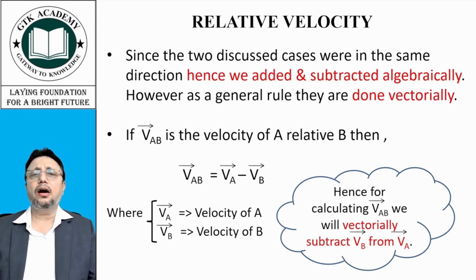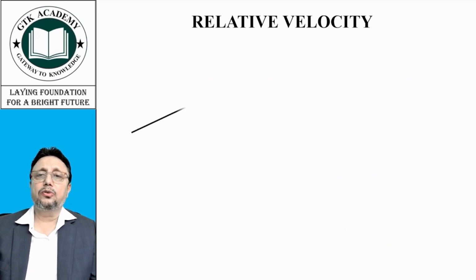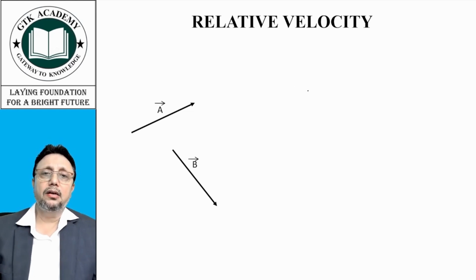Now you must be knowing how to subtract one vector from another vector, but again I'll just touch that topic also. Suppose this is vector A and this is vector B. Now if you want to get the difference of A vector minus B vector, how to find it?